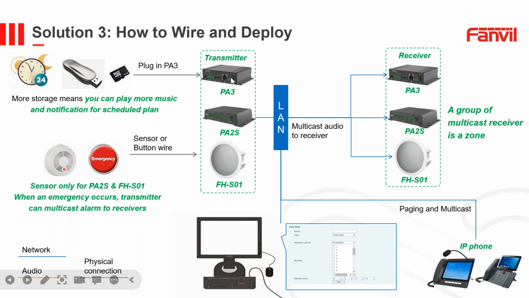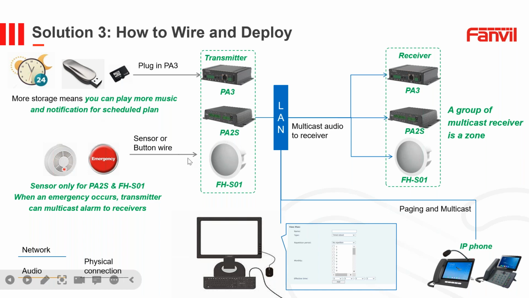You can see that if you use PS3 as a transmitter, you can plug a USB card or TF card into the gateway, and it will provide more storage, which means you can play more music and notifications for your schedule plan.